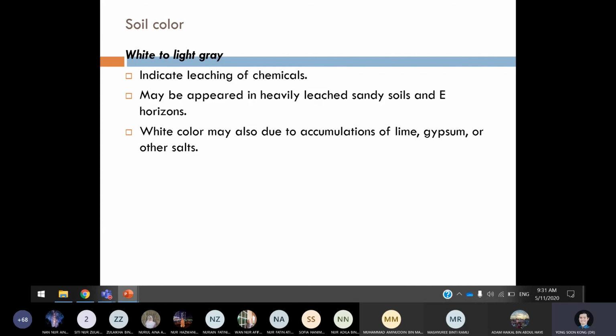Gypsum also is white colored. If a mineral appears to be white, most likely those minerals consist of alkaline or alkaline earth metals, like calcium, magnesium, sodium, or maybe potassium. These kinds of metals usually don't show color and they appear as white. So if you have sand or maybe a majority of these metals, they appear as white.